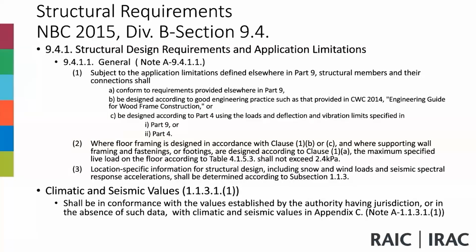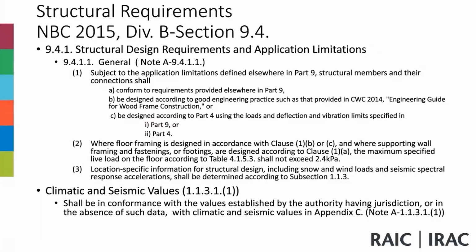So the loads, deflection limits, and vibration limits for your structural members can be based on those specified in Part 9, and you can do the calculation in accordance with Part 4 if you don't want to use the construction specifications and cookbook recipe for designing walls and foundations and load-bearing components of the buildings.